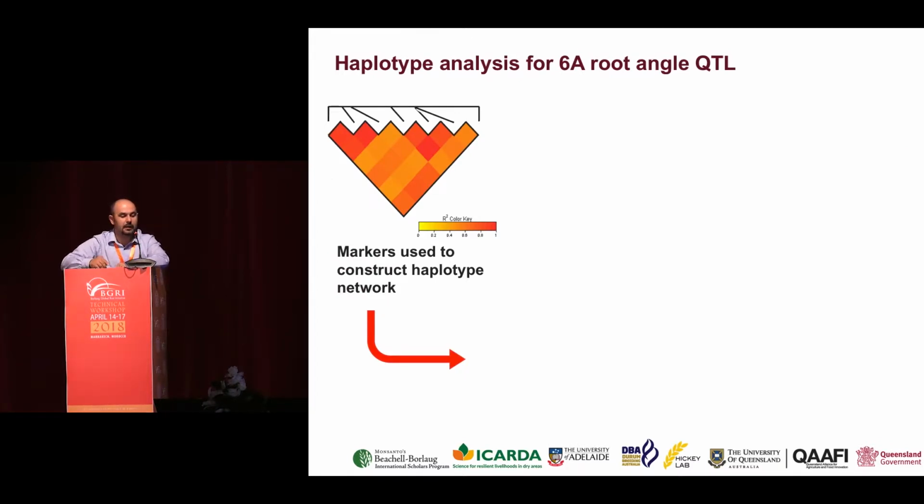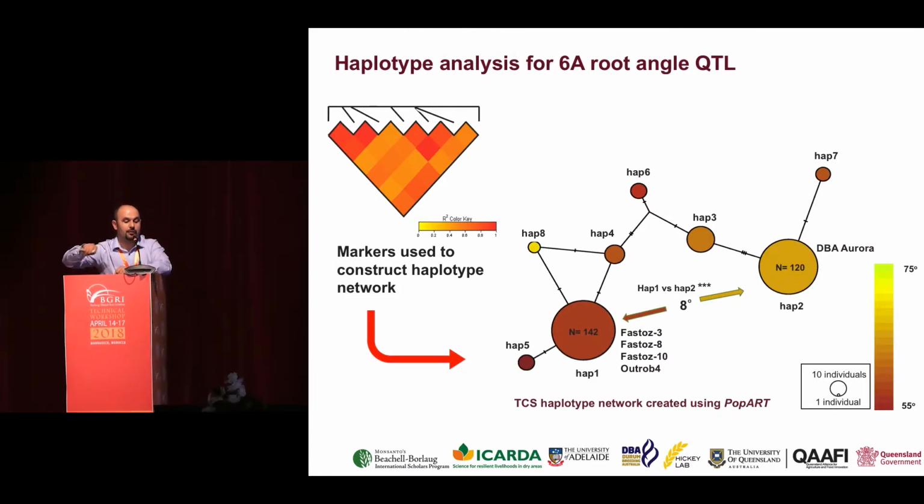Using this set of markers, I constructed a haplotype network. After doing the haplotype analysis, I found that the majority of lines were falling into two major haplotype groups, with about 142 individuals carrying haplotype 1 and 120 individuals carrying haplotype 2.